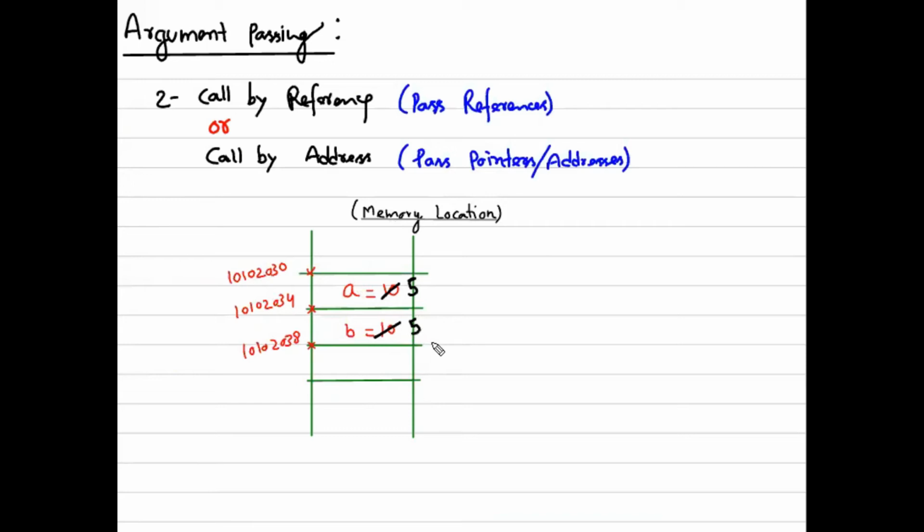So for that, let me write a code so that we can understand how it is possible to make changes at the original memory location. By this method, the original values will be modified. You must always keep this fact in mind.